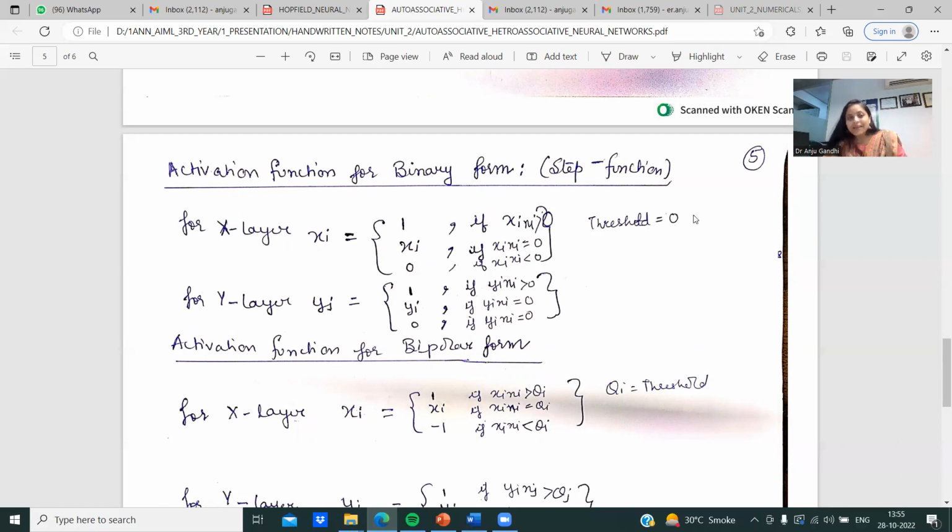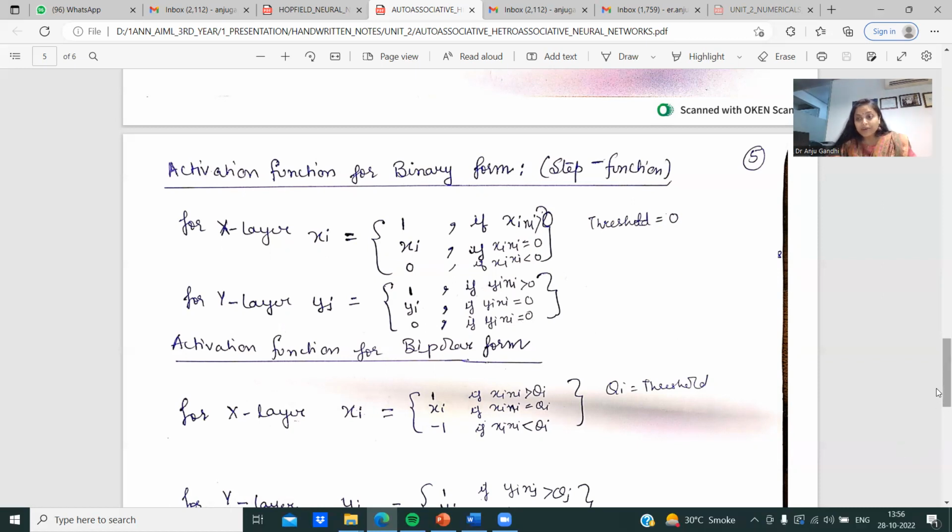The threshold is 0 here. For the Y layer, we have to calculate it at both layers, because it is a recurrent network. So again the same logic: if the net input is greater than 0, it is 1; if it is equal to 0, it stays the same; if it is less than 0, it is 0.